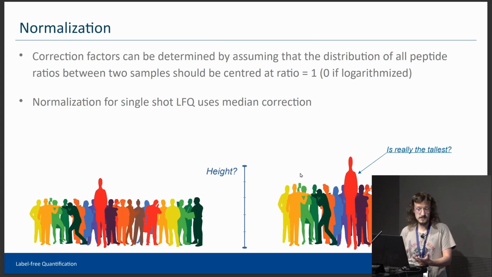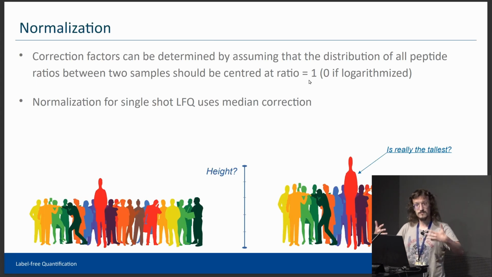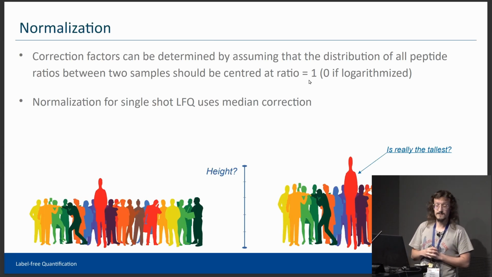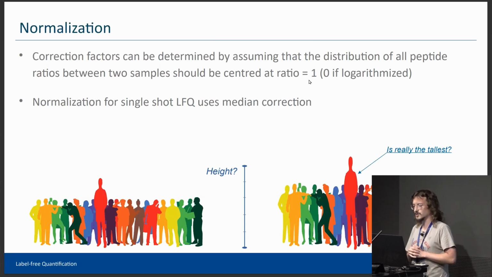And this is done through normalization. So the idea is that all the ratios that you have between this person and the background, and also this person and the background, must be centered at ratio 1. So the ratio between the two things must be equal, 0 if you work with logarithmized data. Usually you logarithmize everything, so then the ratio will be 0.